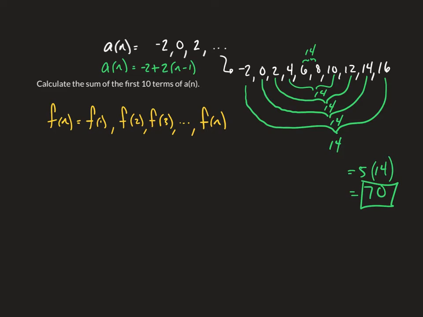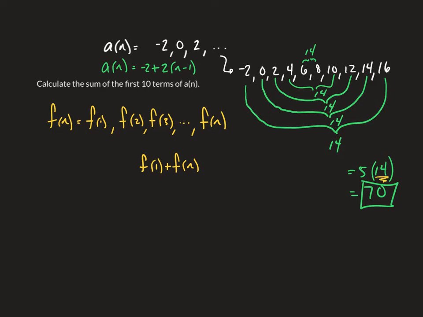So the pattern that we've got here is that if I add the first term and the last term I'm looking for, I get the same number as when I add together all those other pairs of terms. So in our sequence, that would be like taking the first term and adding it to the nth term.